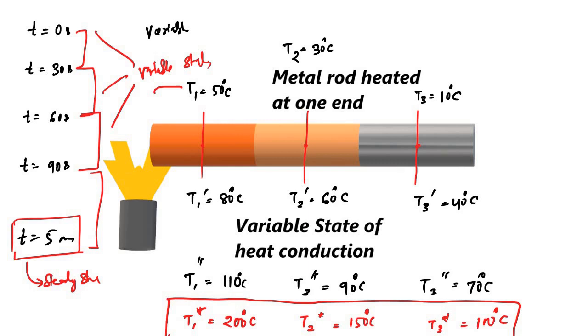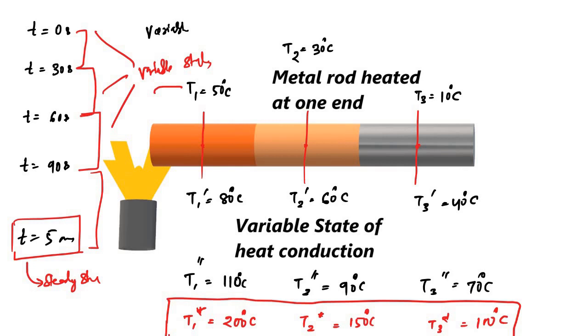Here, after reaching steady state, the temperature of this section will not increase beyond 200 degrees Celsius. The temperature of this second cross section will not increase beyond 150 degrees Celsius, and the temperature of this third section will not increase beyond 100 degrees Celsius, because steady state has been reached. But in the variable state, the initial reading at 30 seconds was 50, it increased from 50 to 80, and then from 80 to 110.